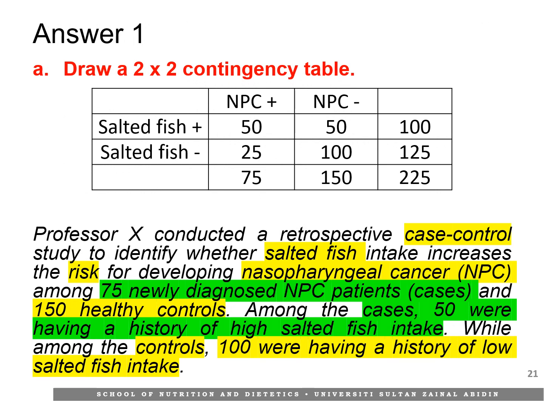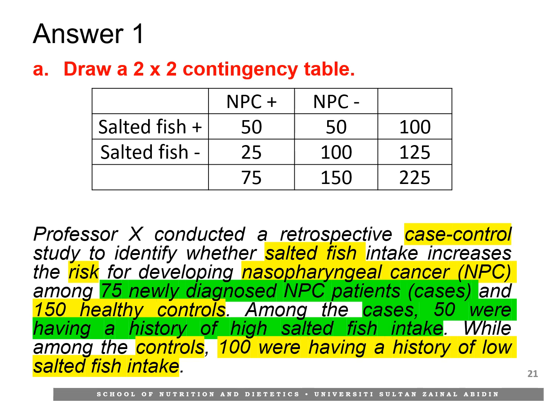So let's solve this problem. First, you must understand the story, highlight the key points, and then you can start to draw the 2 by 2 contingency table. The situation is between the NPC and salted fish.